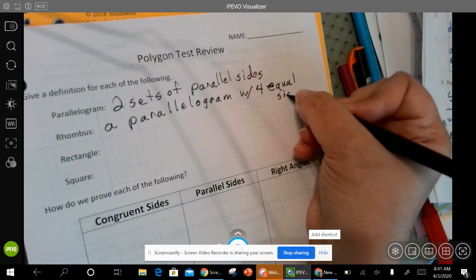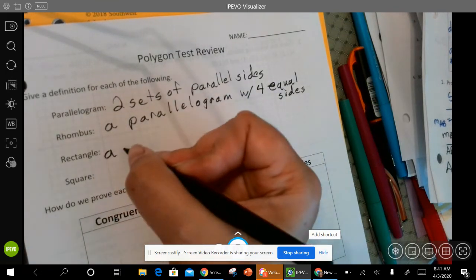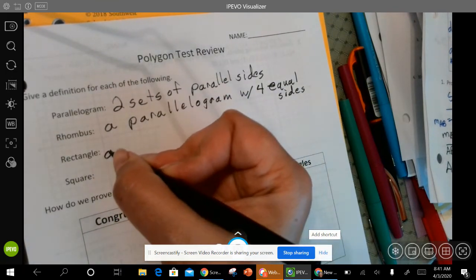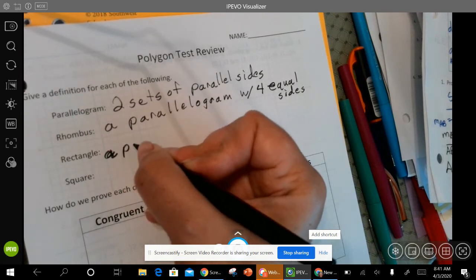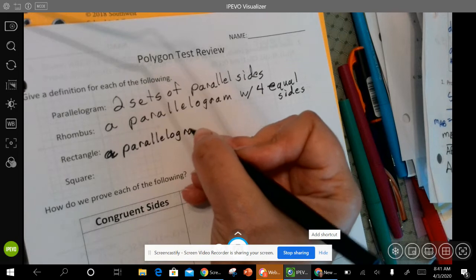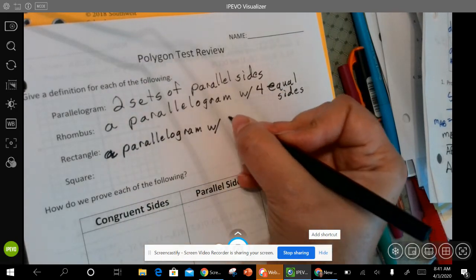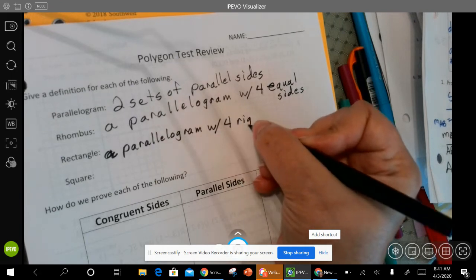So those four sides are congruent. They have the same measure. A rectangle has four right angles, so it is a parallelogram. So a parallelogram with four right angles.